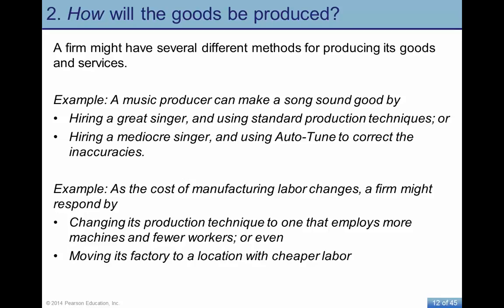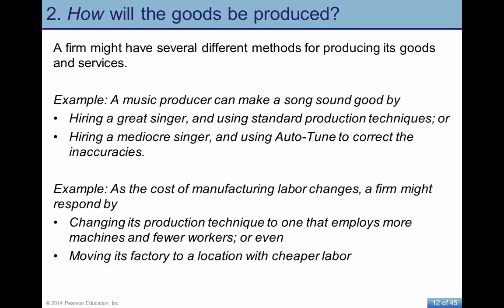How will the goods be produced? A firm might have several different methods of producing its goods and services. For example, a music producer can make a song sound good by hiring a great singer and using standard production techniques, or hiring a mediocre singer and using auto-tune to correct the inaccuracies.